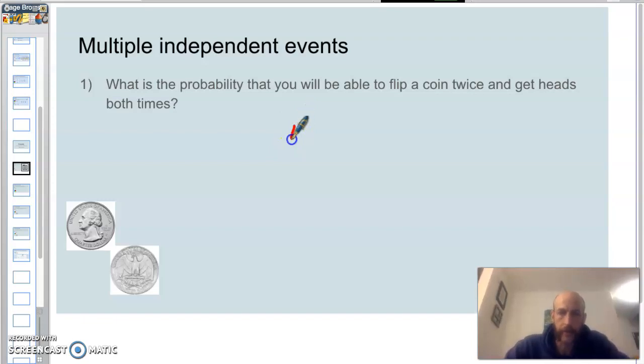So the first time I flip a coin, because we're flipping it 2 times and we're looking to get a heads both times, the 2 options that I have are that I could get a heads or a tails.